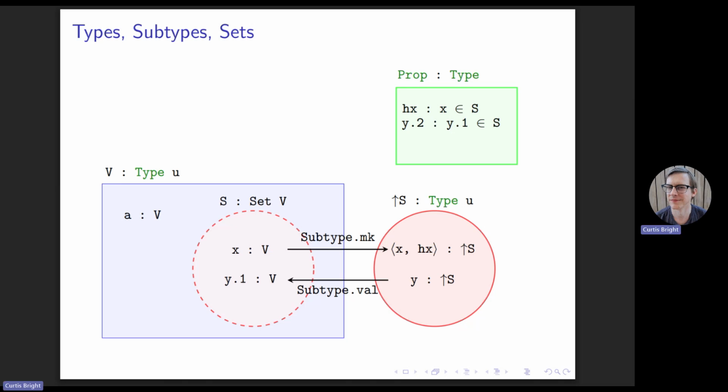So if we have this type V, we express that something is of type V, like A is of type V, with A : V, and then we have sets defined in types. The definition of a set is going to be V to Prop, where Prop is the type of provable statements, essentially.